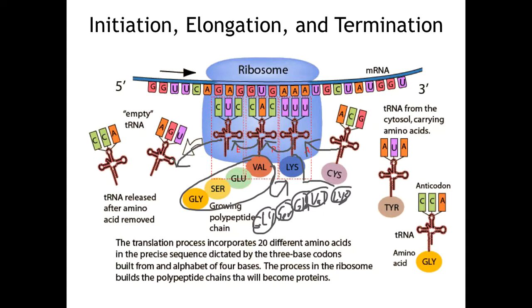And then you just keep doing that over and over again as you grow the protein longer and longer, until you reach a special codon called a stop codon. And the stop codon does not have a tRNA. No tRNA will bind it, so no tRNA moves in, and if the ribosome hits this empty spot for long enough, a special protein called release factor, or RF, will come in and cause the growing strand to release. And then you're done making your protein.